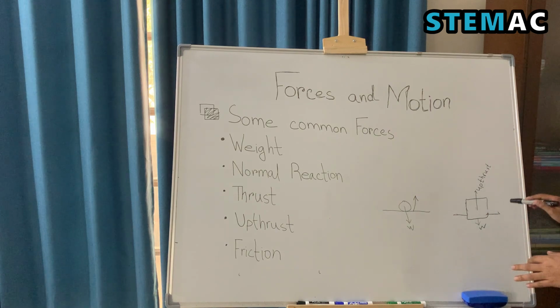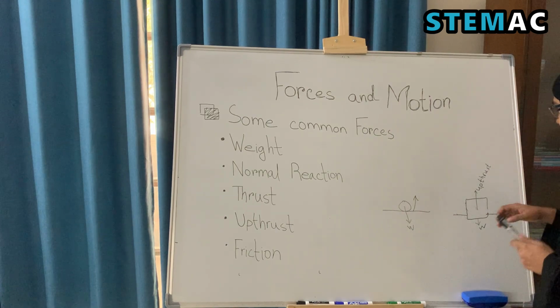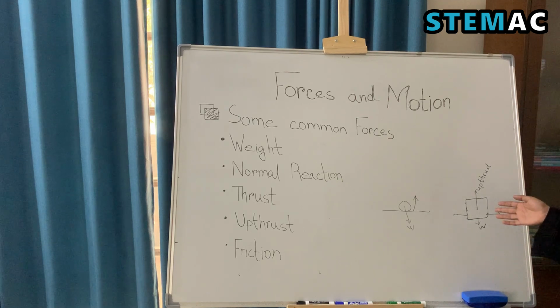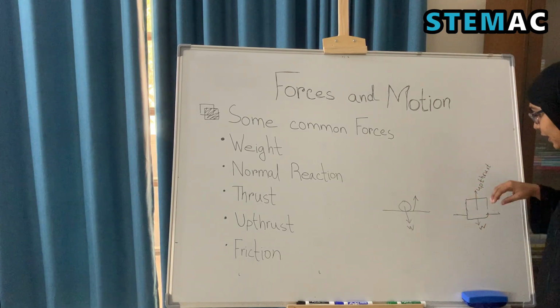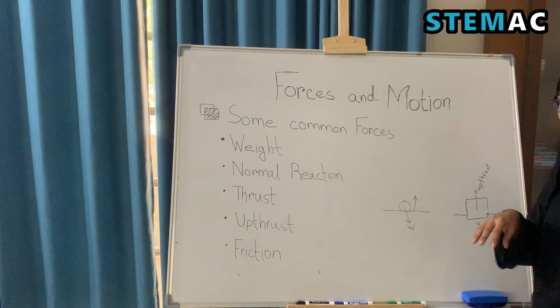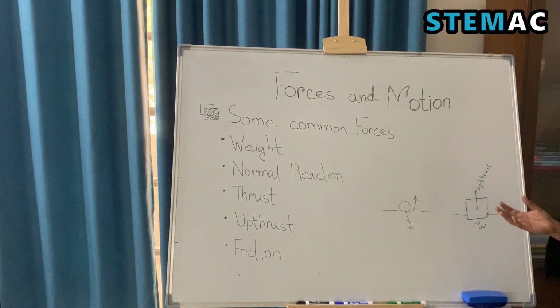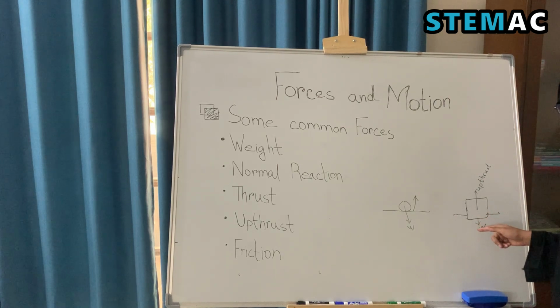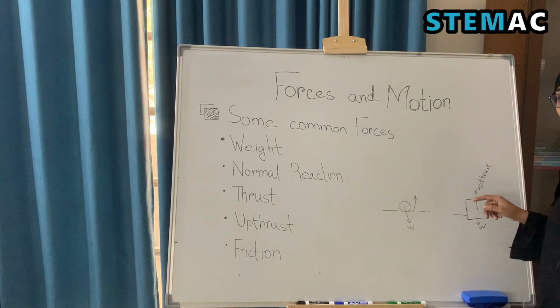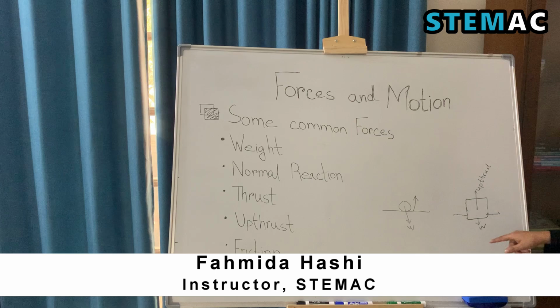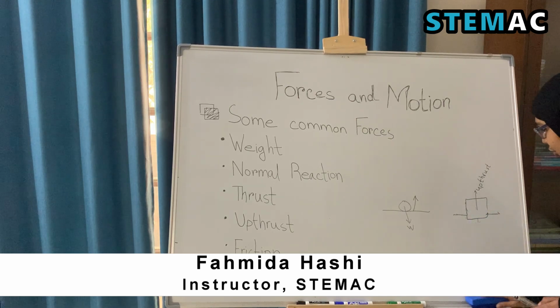So we can say that the box will float due to this. But if there is some rock inside the box making the box heavier, that means the weight will be increased. That will cause the box to sink because the weight force would now be much more than the upthrust force.